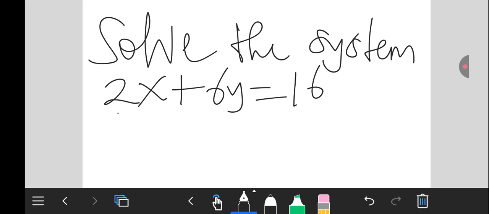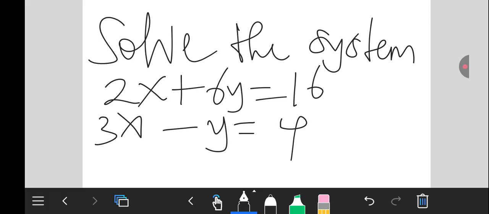Then you have another equation, which is 3x minus y is equal to 4. Okay, let's have 4 there.